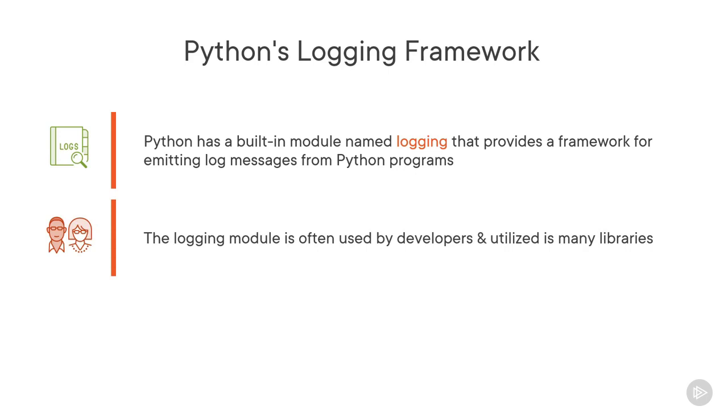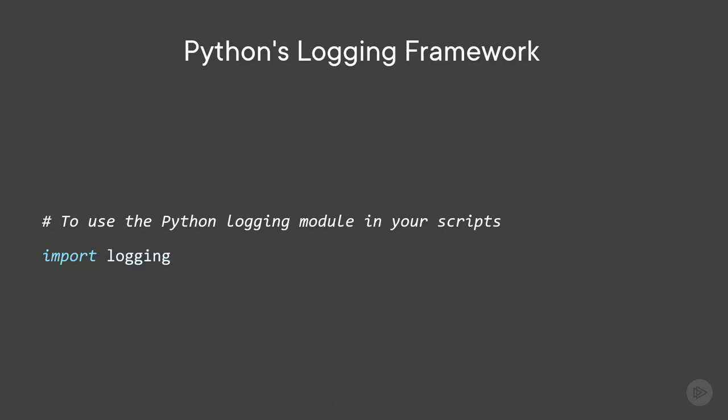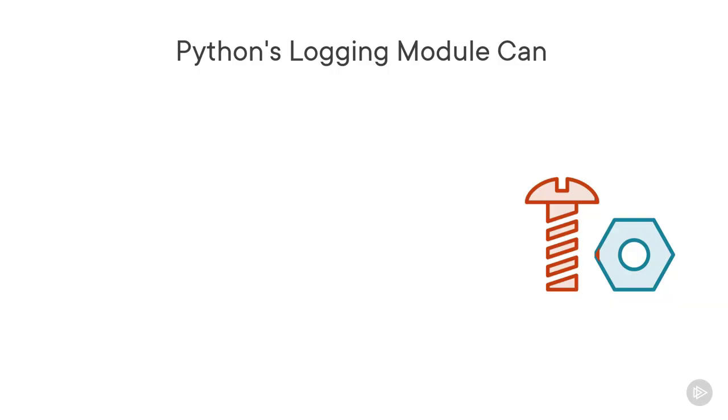Now, the logging module is often used by developers, and it's often utilized in many libraries. It also is the go-to in regards to logging for Python system administration. Now, to use it, you simply type import space logging in your scripts. You don't need to go through a pip install for this one. It's included.